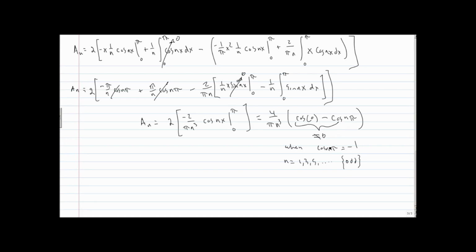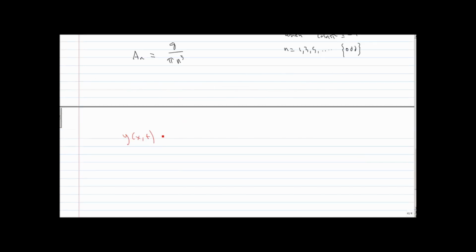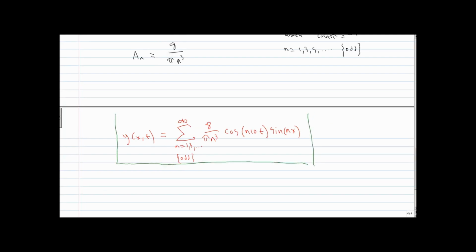So when n is odd, that equals minus 1, so we have 1 minus a minus 1, so that's 2. So our constants look like this. Okay, so that means that our function that describes the vertical displacement of points along the string looks like this. Okay, so here's our solution.